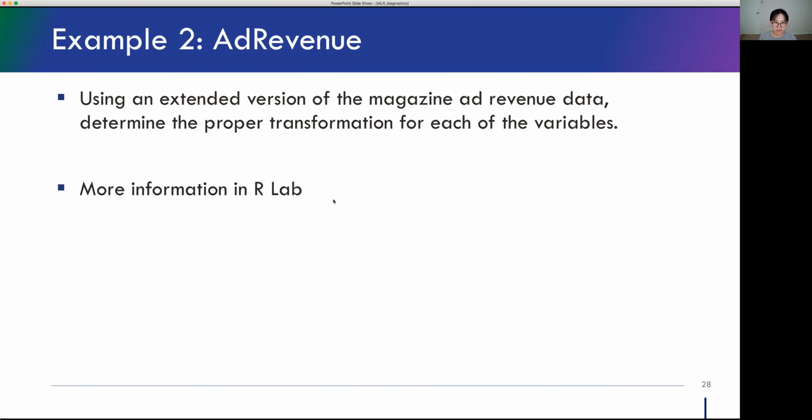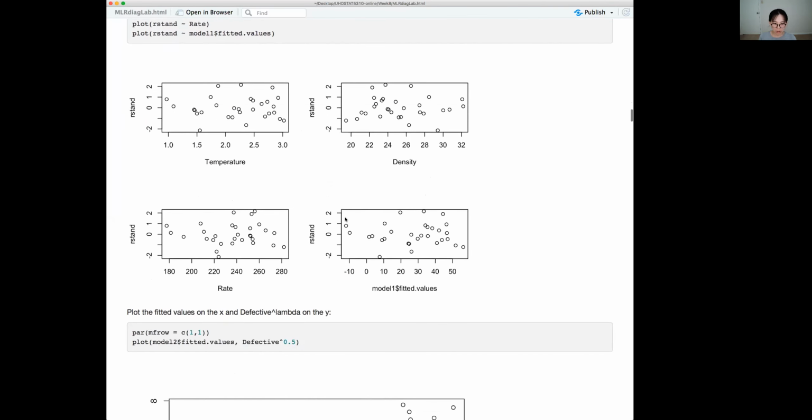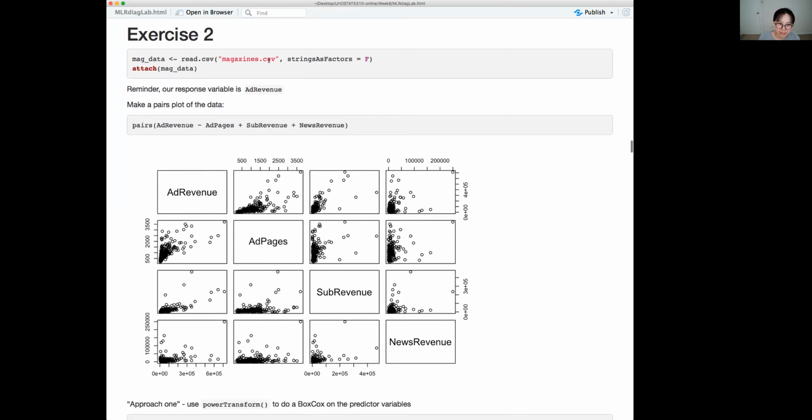Let's look at our R lab for exercise 2. So we have the data here, magazines.csv, read it in. Again, plot the scatter plot matrix here.